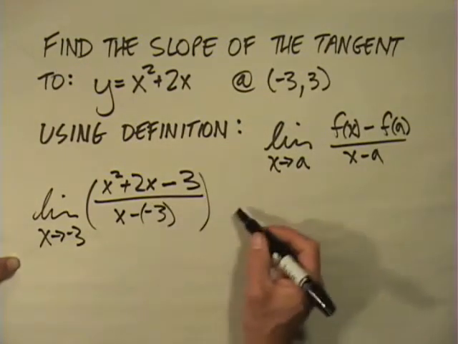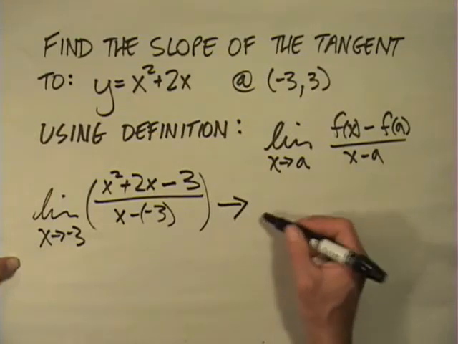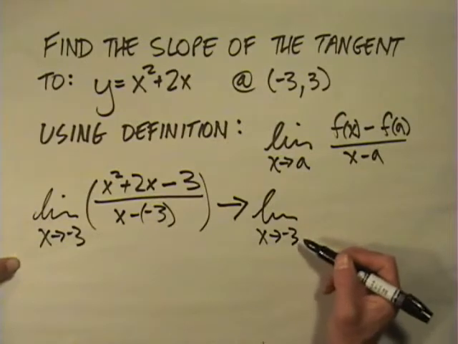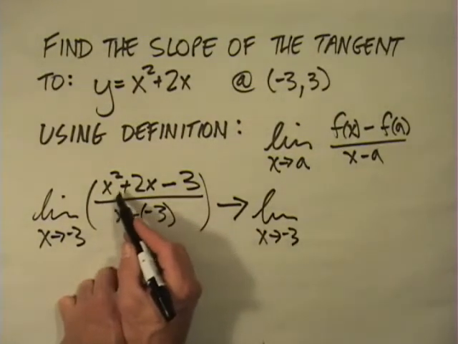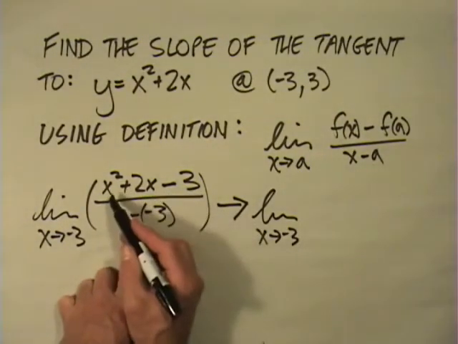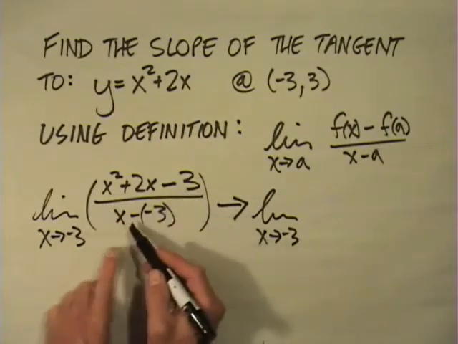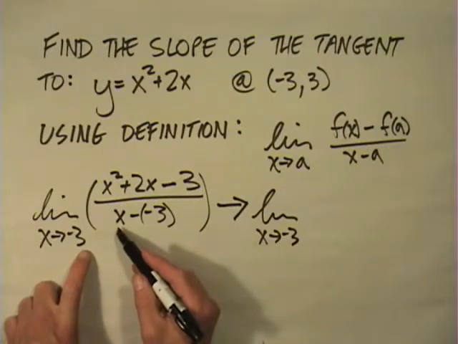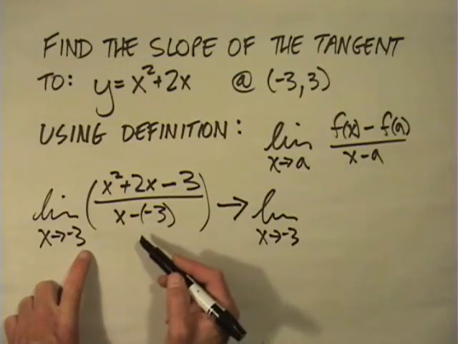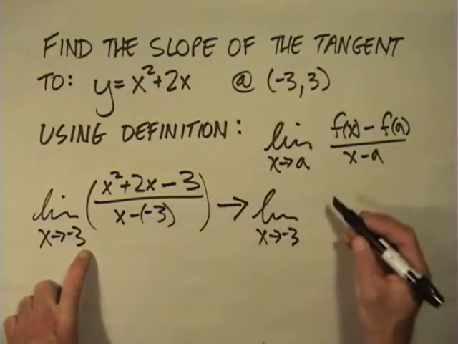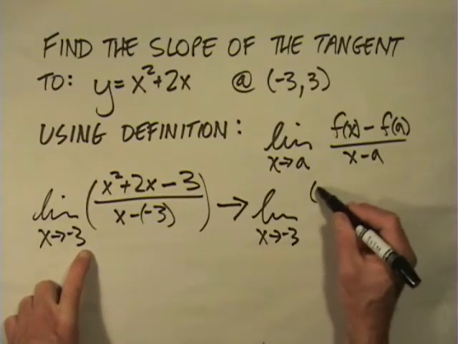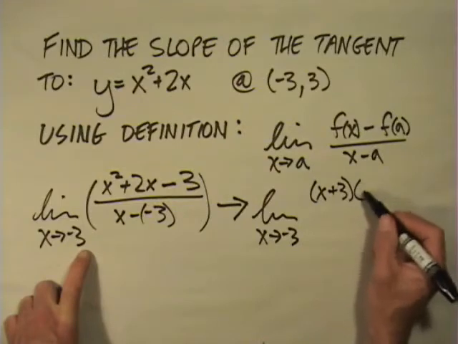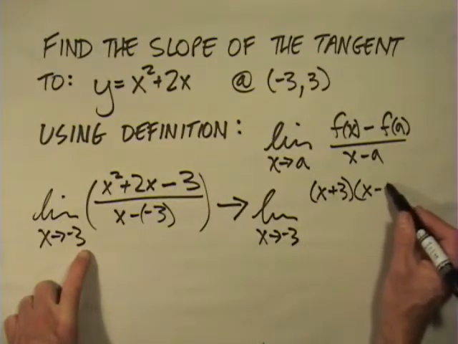Okay, well, this then just becomes the limit as x approaches -3 of, and if you notice, this is a quadratic, and we want to factor that because we cannot just plug in -3 here, because if I plug in -3 I'll get 0, and we can't evaluate the limit that way. But if I factor it, magic happens, so I get x plus 3 and then x minus 1.